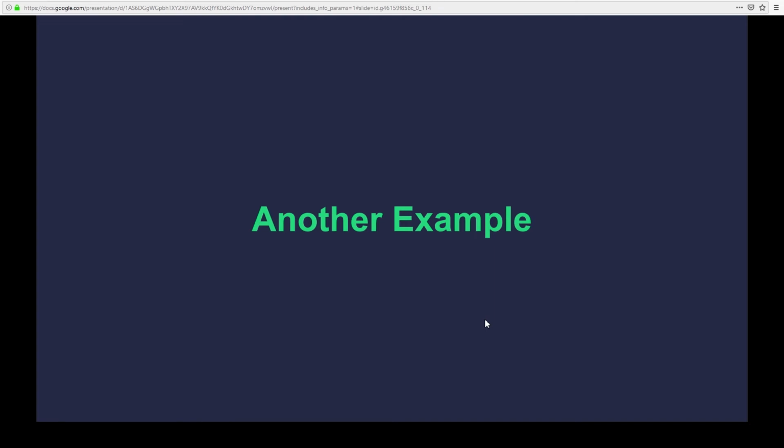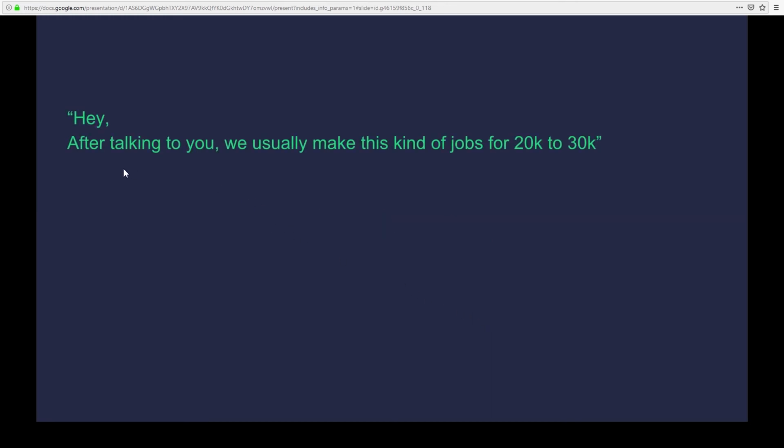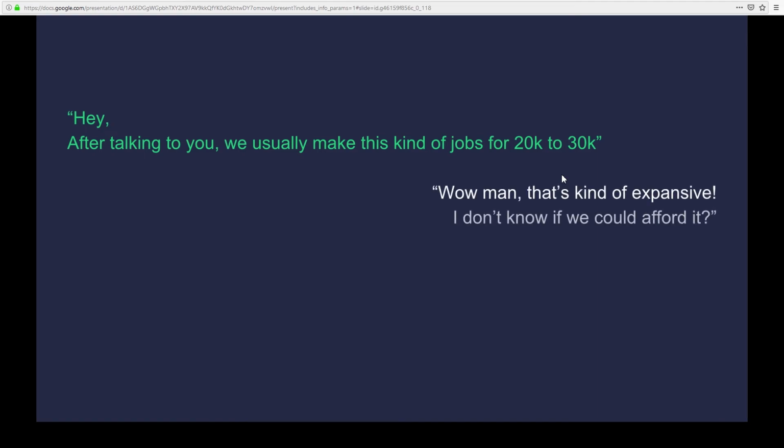Here's another example. If you couldn't get the numbers from him, and you don't know how much your service is gonna give them, or what 10% is for them, you could use brackets. So you'll be like, "Hey, after talking to you, we usually make this kind of job for 20k to 30k." He may say something like, "Whoa man, that's kind of expensive, I don't know if we could afford it."